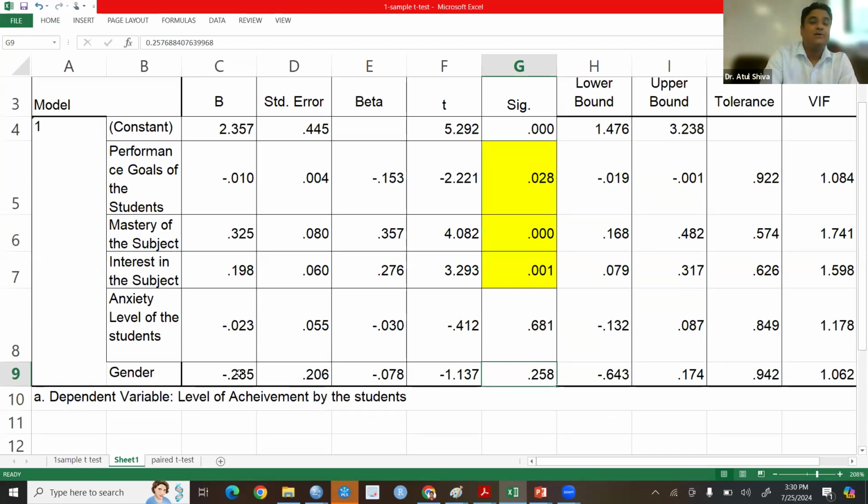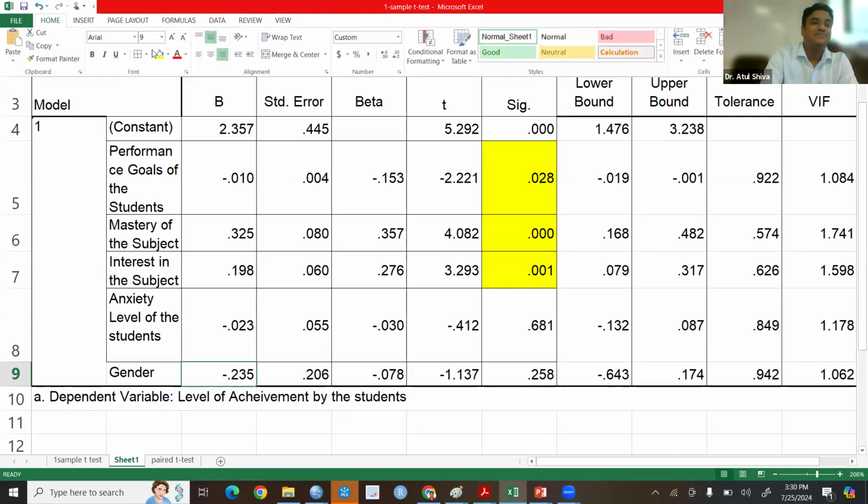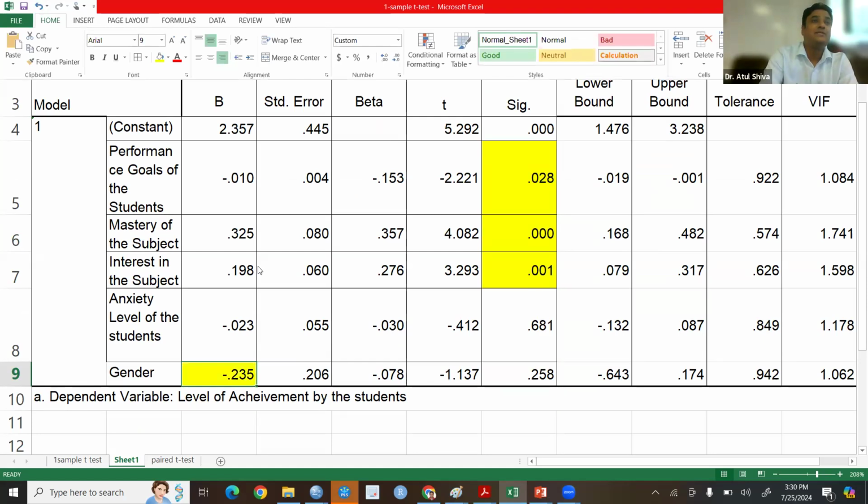So what is the beta of gender? Minus represents the zero category. Zero means males. That means males have got more CGPA. That is what we found in the beginning in the morning. Males, boys were better than the girls.